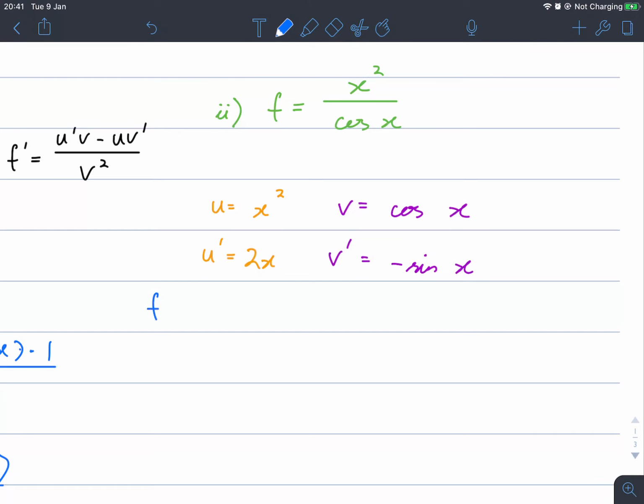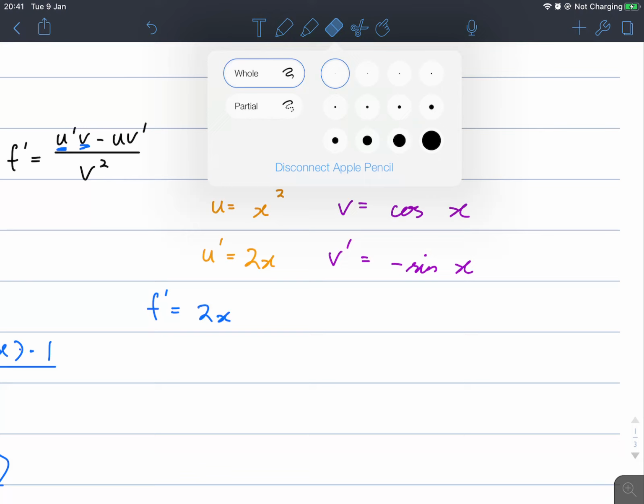Altogether, combining this, f prime will give me u prime, 2x, times v, which is cosine of x. Let me clean this up just a little bit.